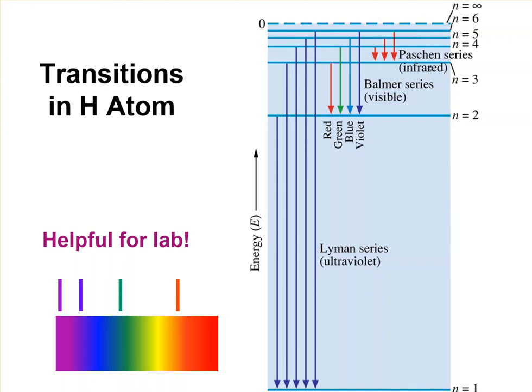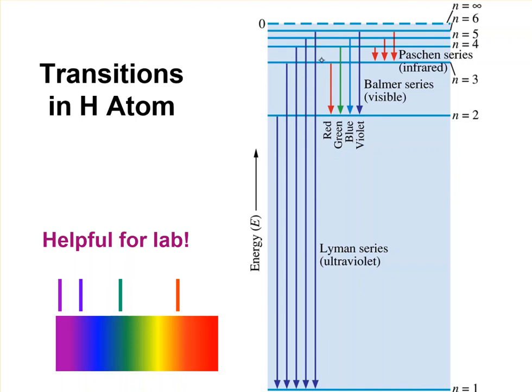Okay, and how that affects things is that these are the possible transitions for electrons. Like if an electron goes from the second to the first, or if it goes from the third energy level to the first.